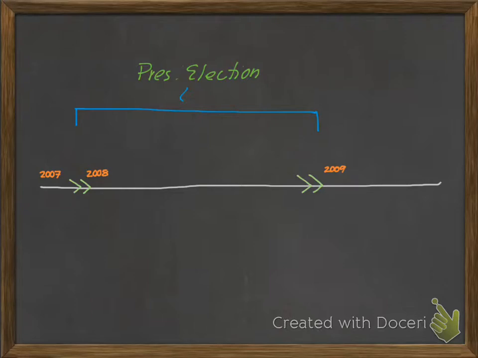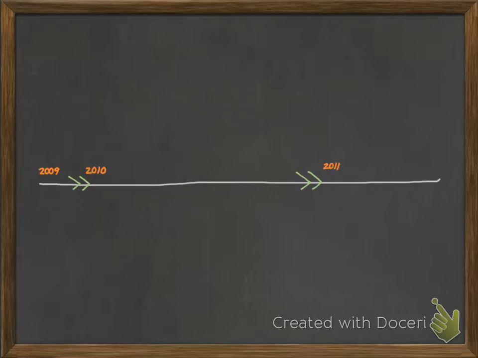All right, remember there are two kinds of election cycles. We have presidential elections, so let's move over to this next part of the timeline. And here we have a midterm election cycle. You'll notice I'm going just a little bit over into the next year because that's when the elected officials actually take office.